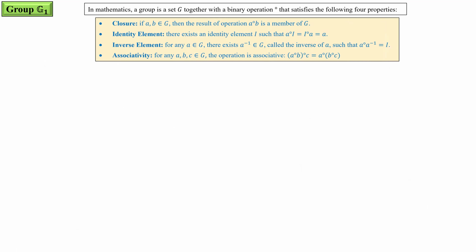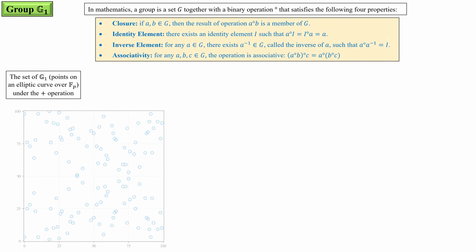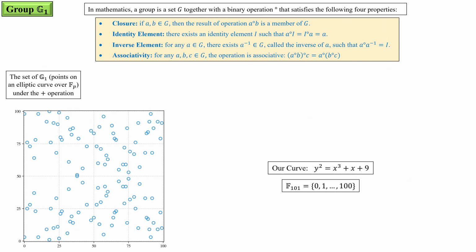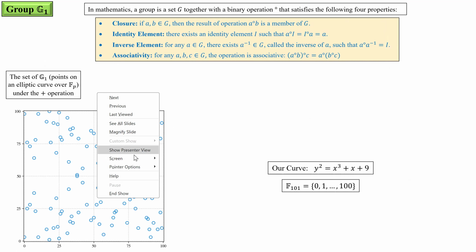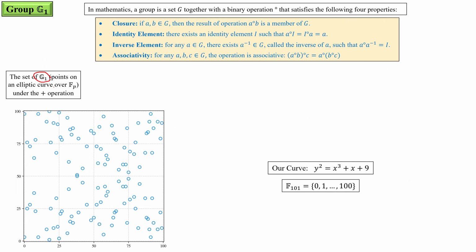Okay, so you remember from lecture 3, a group is a set of elements and a binary operation between those elements that satisfy 4 properties, right? So now we want to check that the group we already generated is a group. Group G1 is a group of points generated from the elliptic curve that we already chose over a finite field F sub 101.